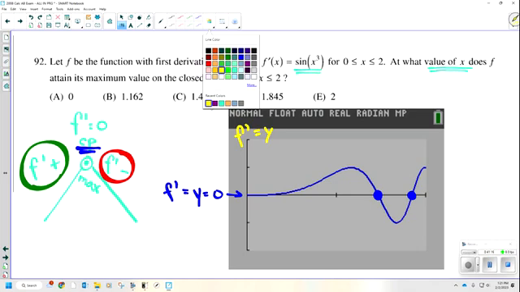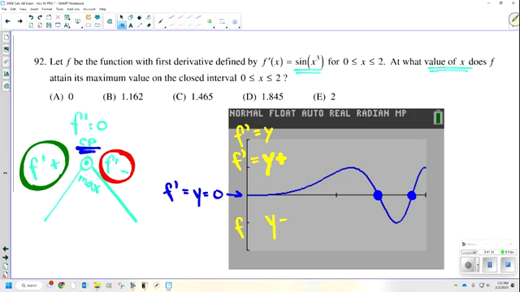Anytime my y is above the x-axis, I have a positive y value. That also means my first derivative is positive. And when I'm below the x-axis, my y value is negative. That means my first derivative is also negative. So y's or first derivative are positive anytime I'm above the x-axis, right here as well.